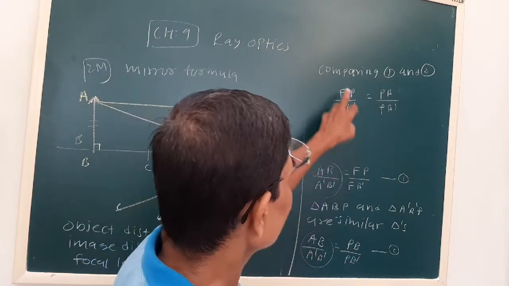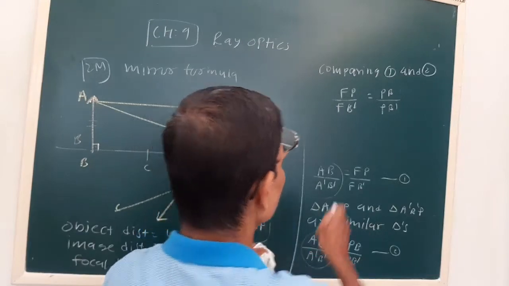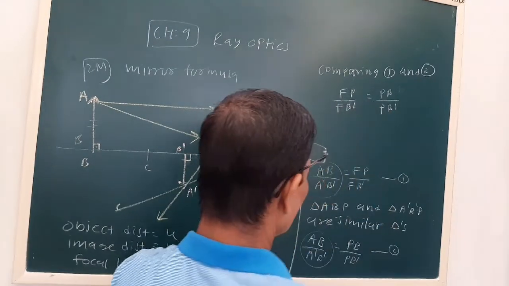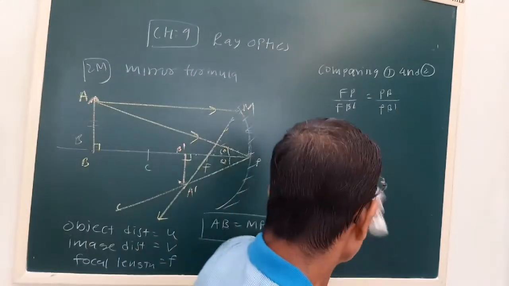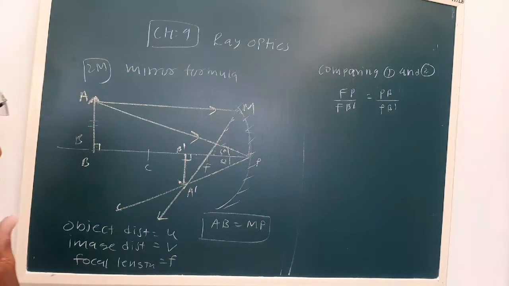Here we can see AB upon A'B' is FP upon FB', which equals PB upon PB'.